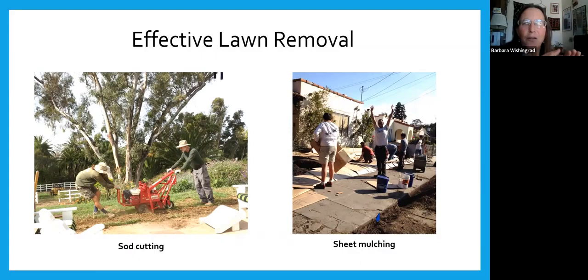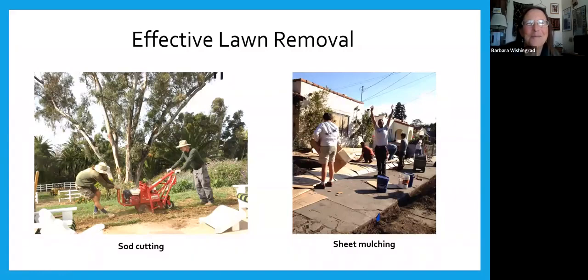It's not like you're just going to remove the lawn and it's going to be gone for good. It is a process over time to keep lawn at bay, but these two methods help minimize the amount of effort that you will have in the long run to keep lawn at bay after you've done other planting, rework the landscape.